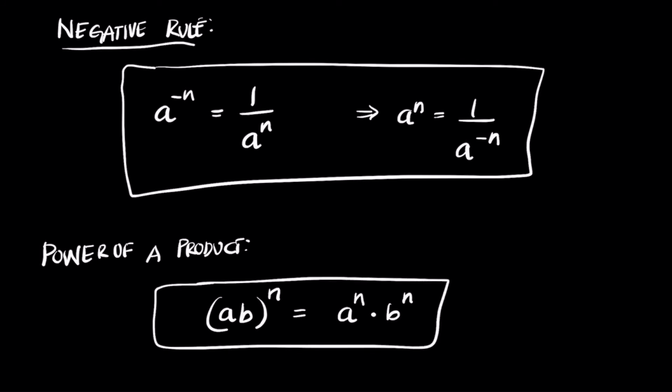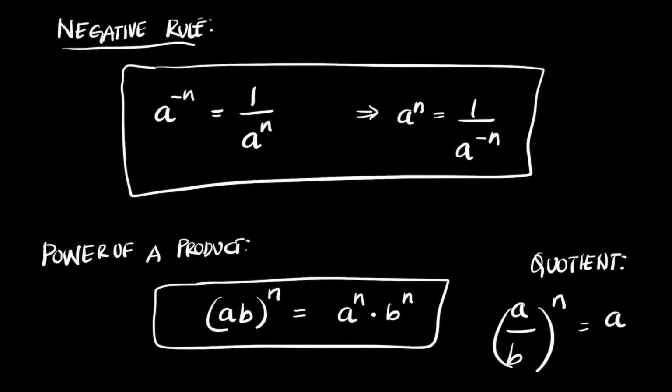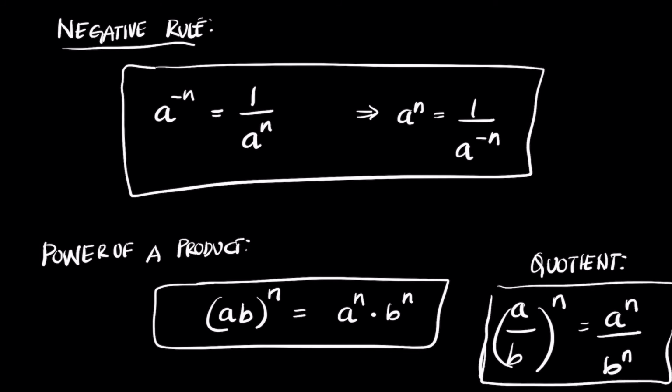So ab whole to the power n becomes a to the power n into b to the power n. The same way you can also find the power of a quotient. If you have a by b whole to the power n, that also gives you a to the power n by b to the power n. So this here is the quotient rule for the product.